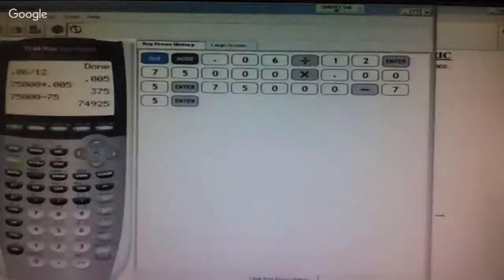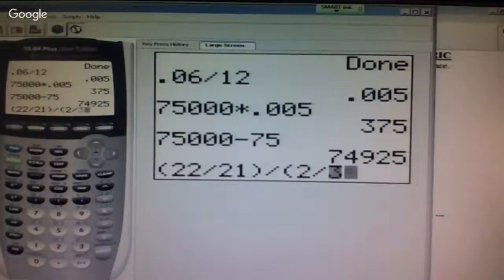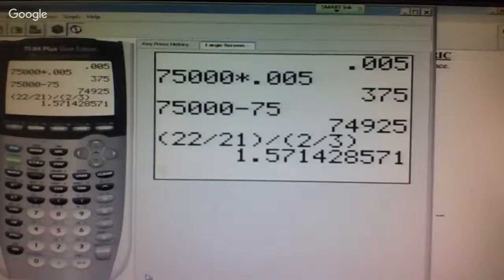So, the 3/5 in decimal form. For E, you would have taken 22/21 and divided that by 2/3. That gives you this big long decimal.